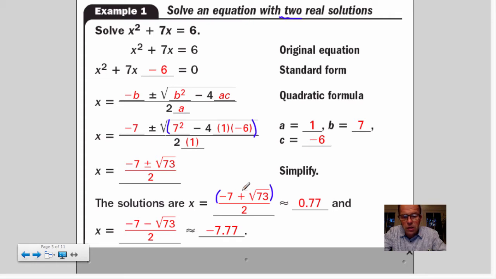Again, this step to go from here to here is not trivial, so definitely make sure you're comfortable using the calculator correctly. And then you do it again with the negative sign. So again, this is where we solve a quadratic equation, and we had 2 real roots, 0.7 and negative 7.7.